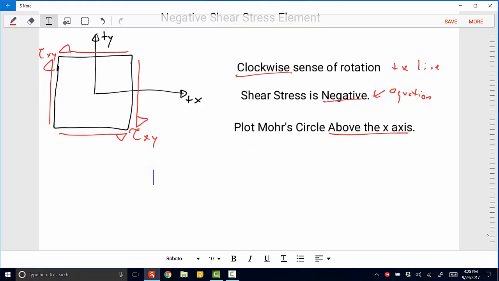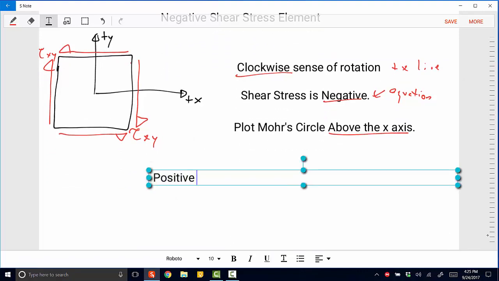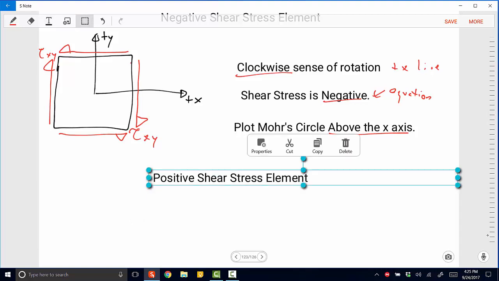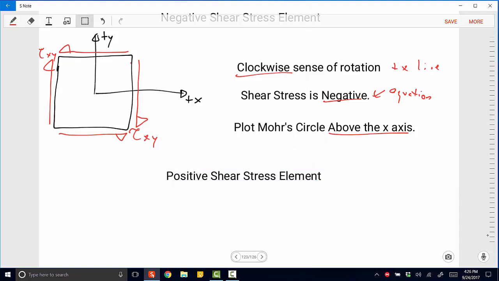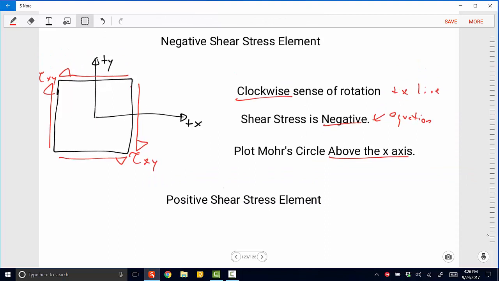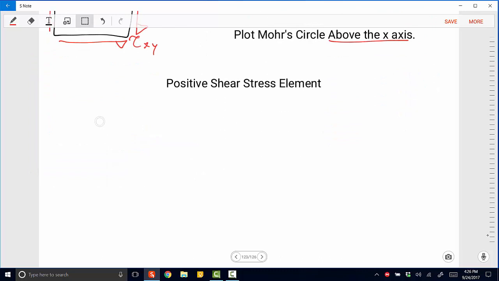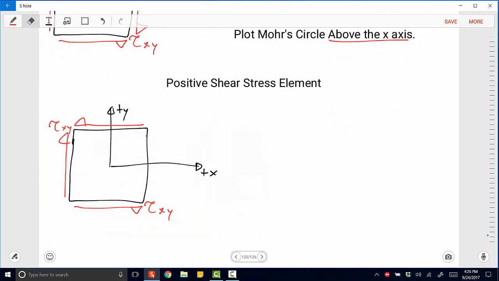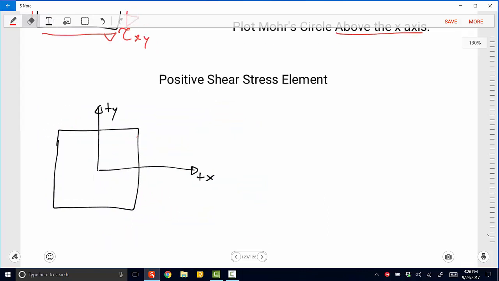Now let's draw the positive shear stress element and learn what the little tricks are with that. Let's again copy this element, and delete these pre-existing values here.